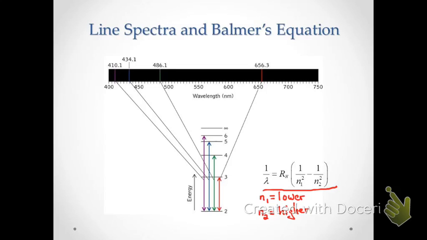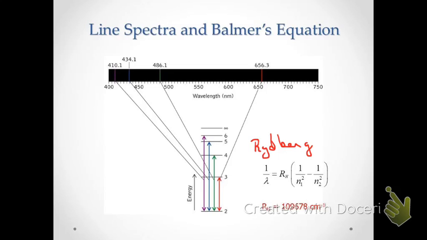The wavelength of the emission line can be calculated using what's called the Rydberg constant. Let me write that out here. It is only applicable to hydrogen, by the way.